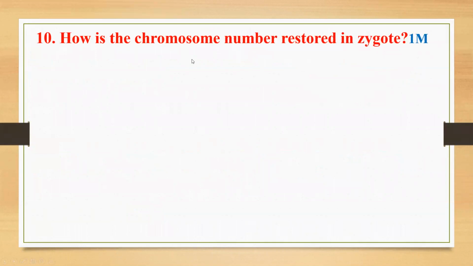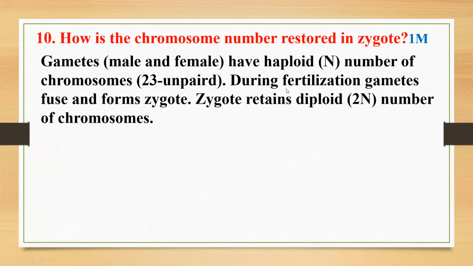10th one. How is the chromosome number restored in the zygote? This is also a very important thing. After fertilization, the chromosome number does not increase from 46 chromosomes to double that. There is no doubling of chromosomes.